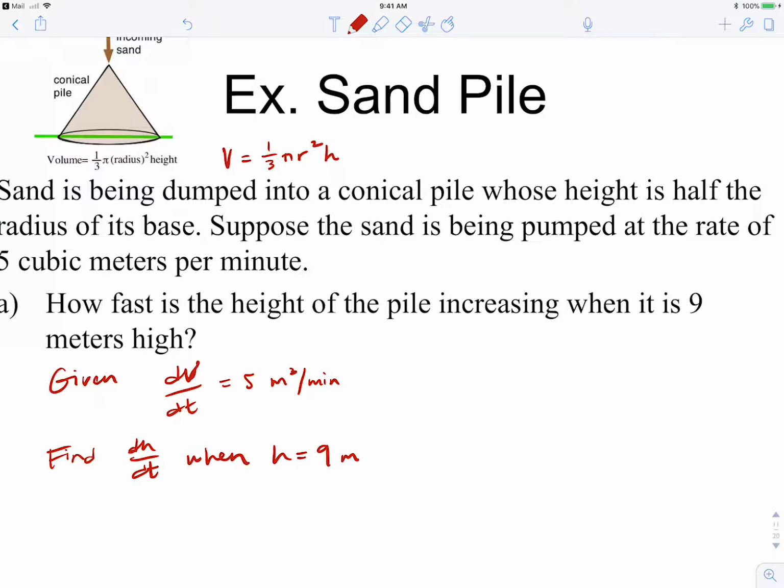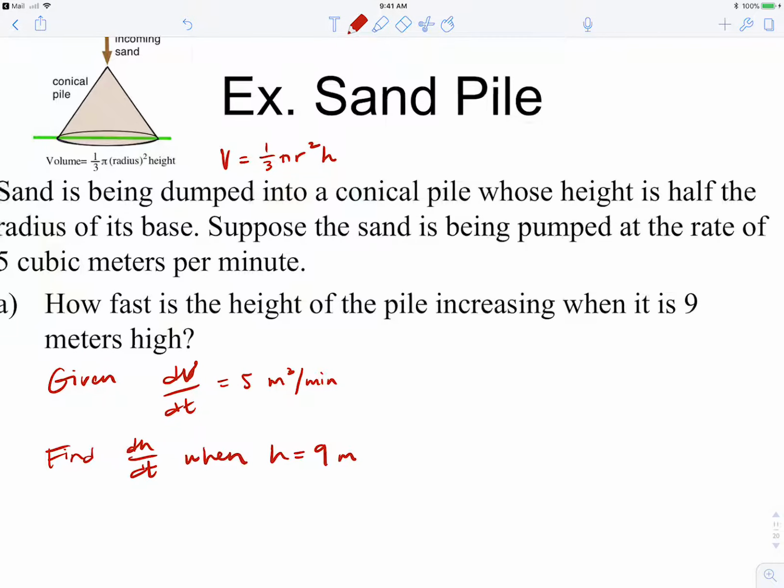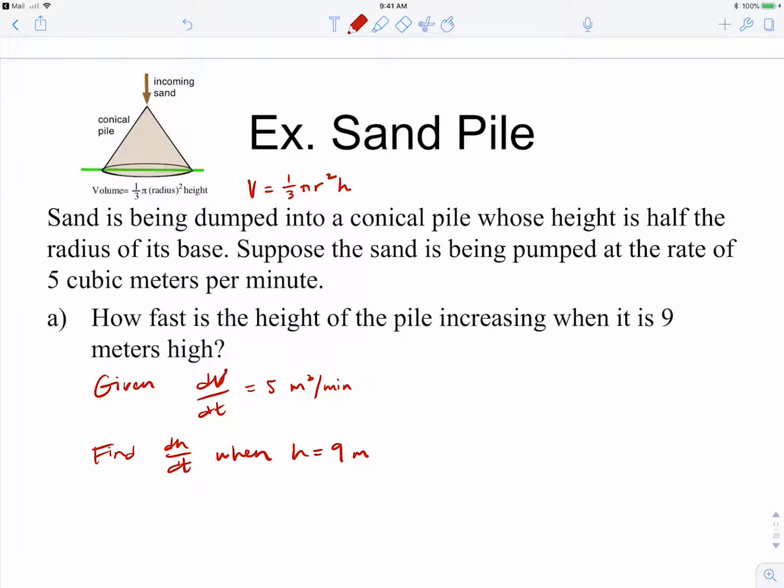Now, looking at the equation for volume of a cone, when we take the derivative, we would end up with a dV over dt, a dr over dt, and a dh over dt. And we are not given what dr over dt is. But we are given this information in the first sentence, that the height of the cone is half the radius of its base, meaning that 2h is equal to r, or h is equal to r divided by 2.